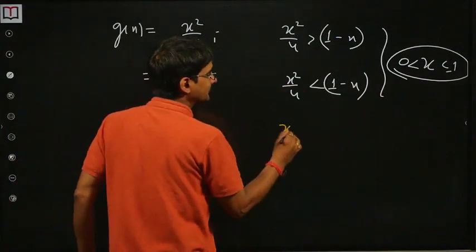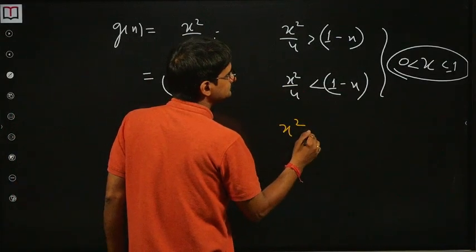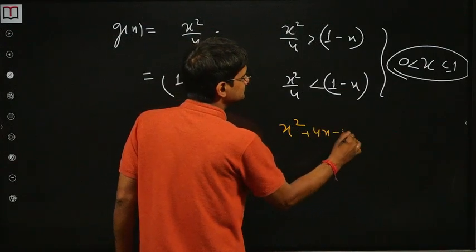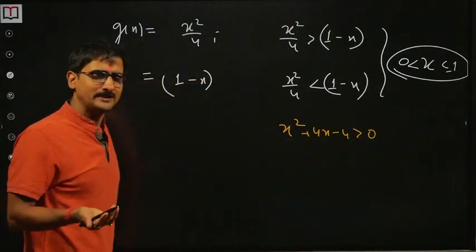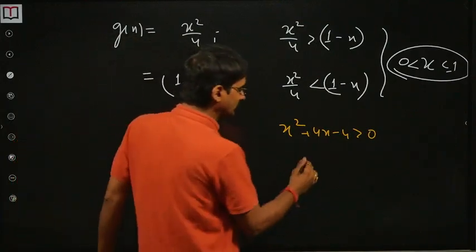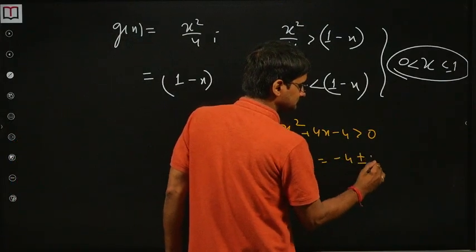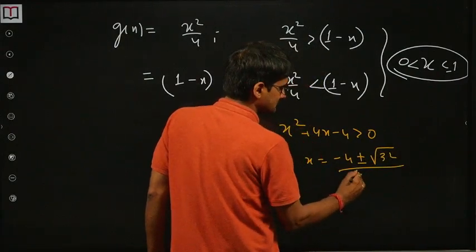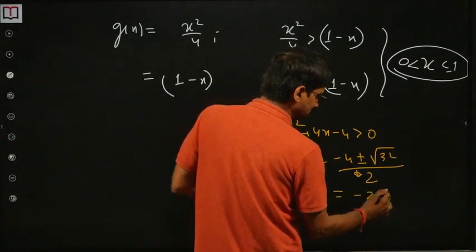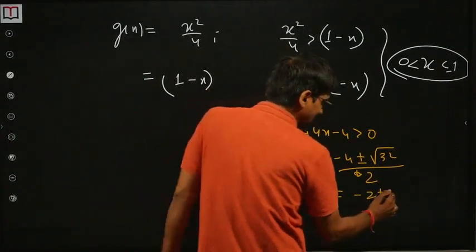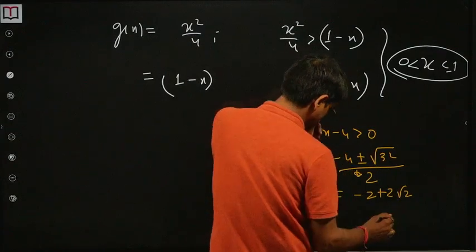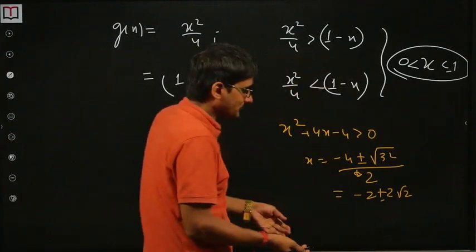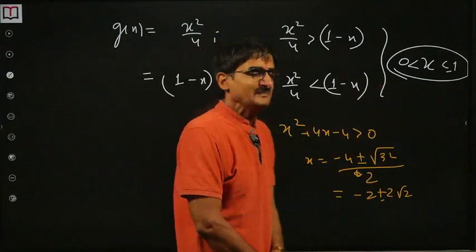Solve this inequality. So x² + 4x − 4 greater than 0, an upward opening quadratic, is positive beyond the roots. The roots are −4 ± √32 over 2, that is −2 ± 2√2. The minus root is out of consideration because x has to be positive, and between 0 and 1.